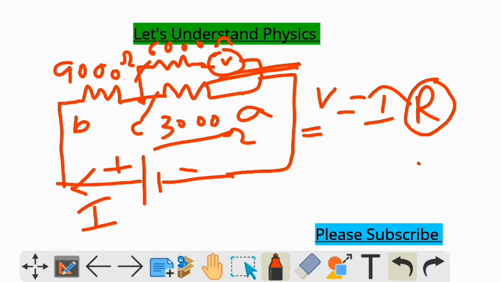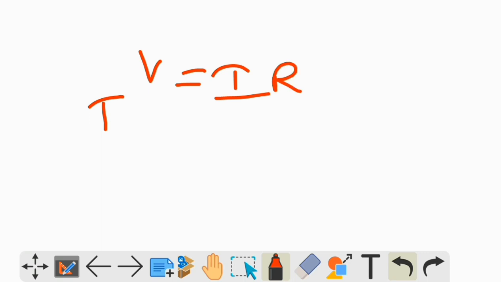Understood? Now let's see. What is current formula? From here, V is equal to IR, isn't it? So I is equal to, R will come to the other side of equal to. I is equal to V by R.